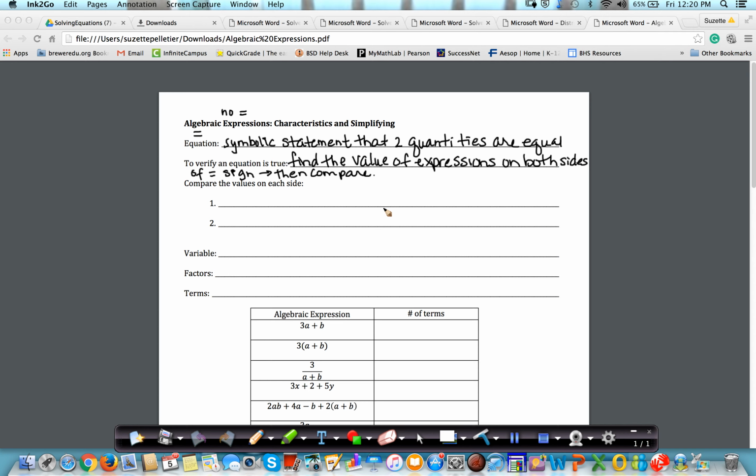Once you have both sides and you've decided what each side is equal to, then you can compare them and look at them. You're going to have two situations, obviously. This is kind of a Captain Obvious thing. They're either going to be equal to each other. So if the values are equal, then the equation is true.